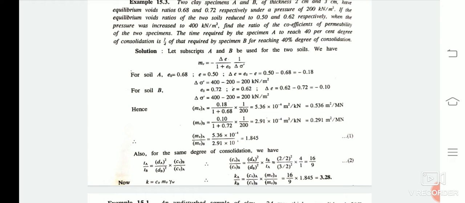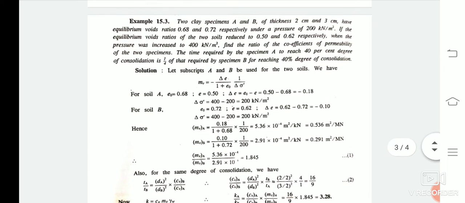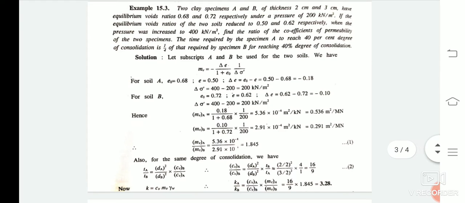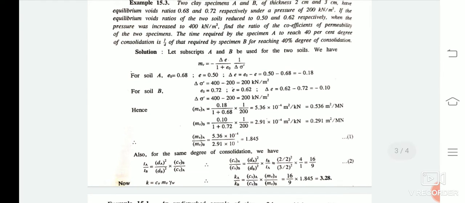The depth of the sample can be given as 2 divided by 2, as sample A is 2 cm thick and sample B is 3 cm thick, and there is drainage in both directions. Hence this is 2 by 2 and 3 by 2 whole square, and the time required for sample B is 4 times that of sample A. Hence the time ratio will be 4 by 1, and we get the ratio as 16 by 9.